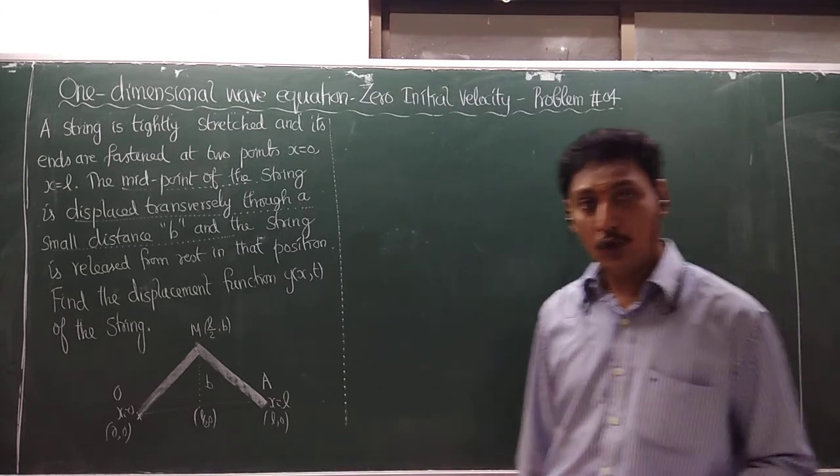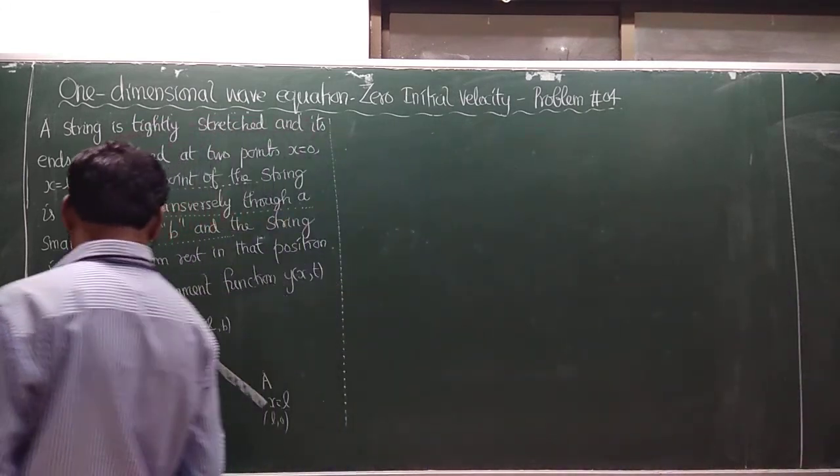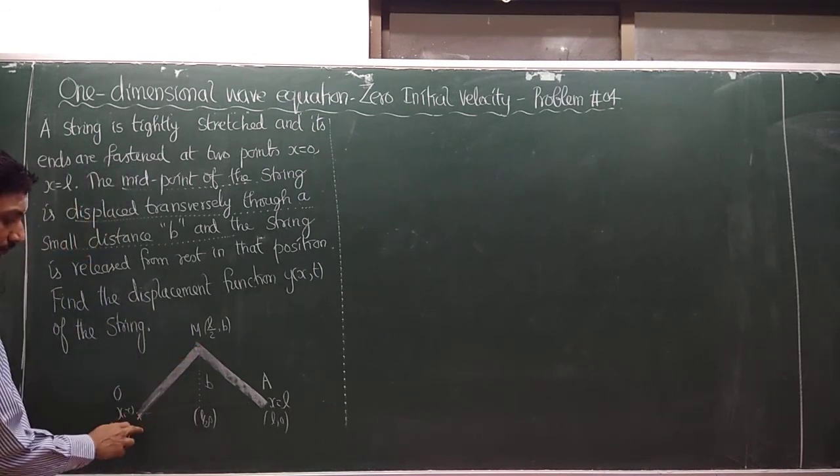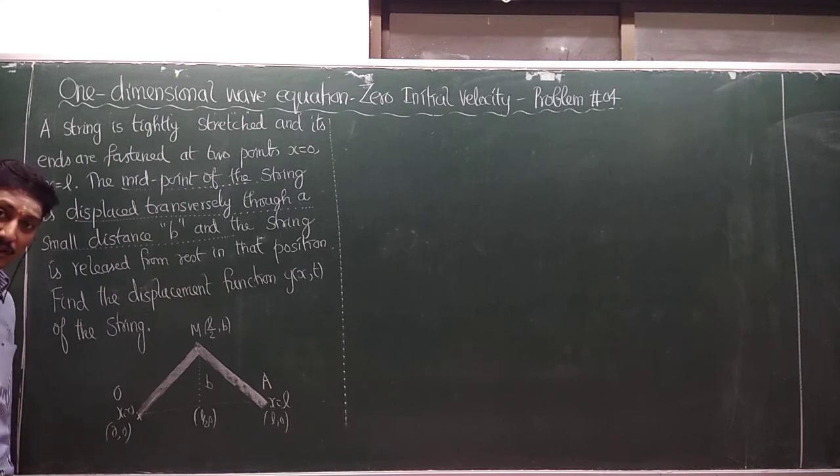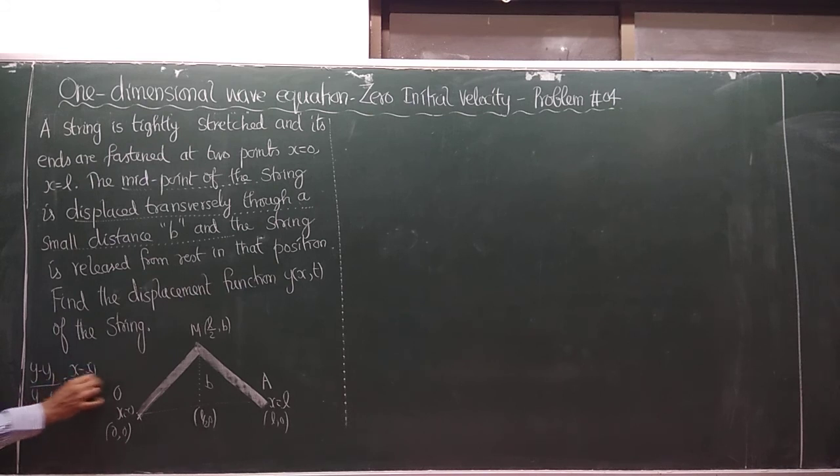How do we know in geometry? When we join 2 points, we get a straight line. So what is the equation of the line joining 2 points (x1, y1) and (x2, y2)? The 2-point formula says (y minus y1) by (y2 minus y1) is equal to (x minus x1) by (x2 minus x1).